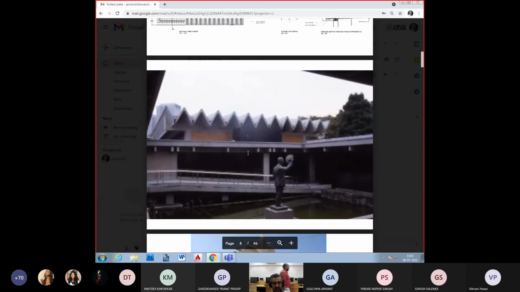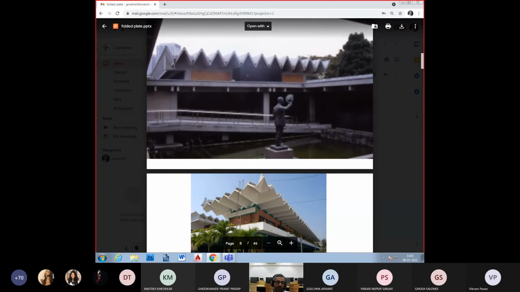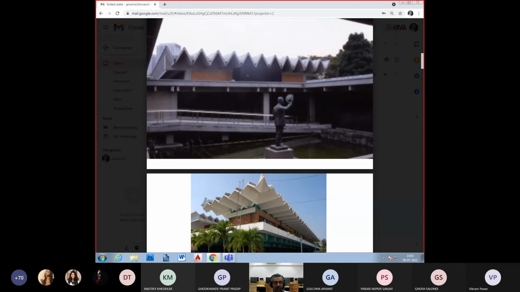Yeah. Now we're going to see examples. These are two examples in Japan whereby you can see how the diaphragm beam is offset. First of all, in Japan, the traditional woodwork is usually accentuated in the brutalist concrete works.